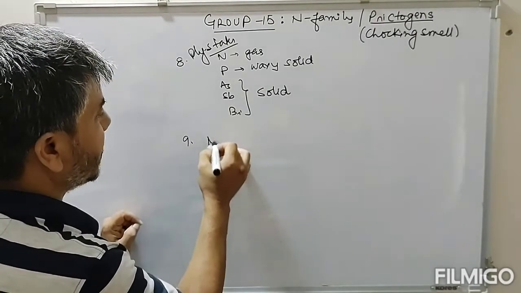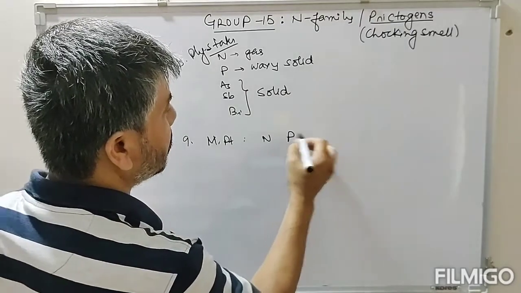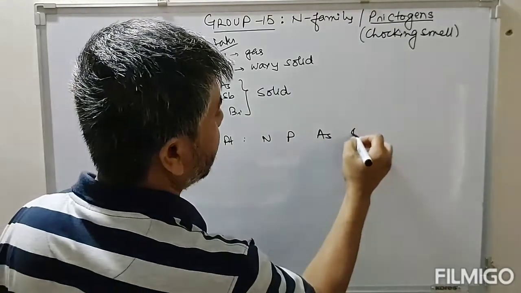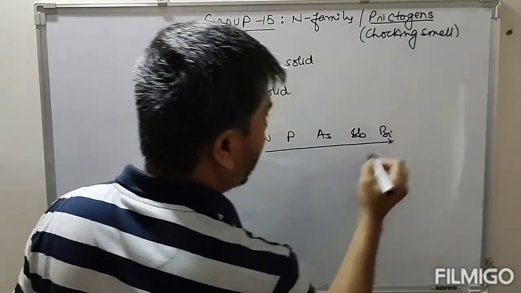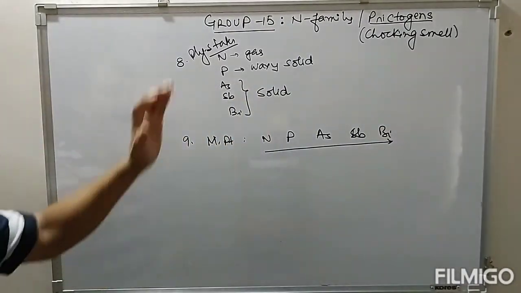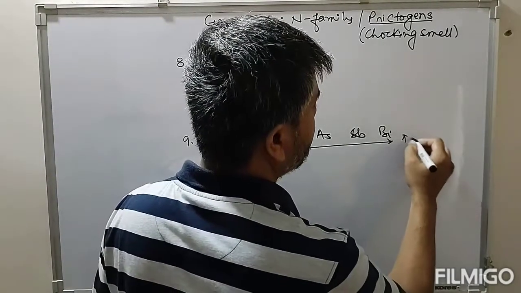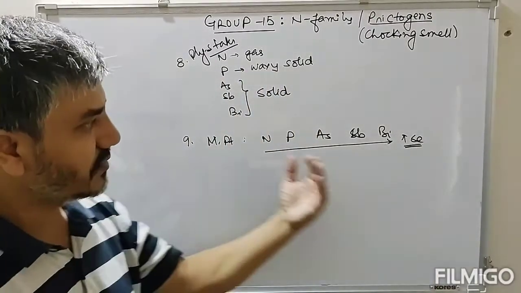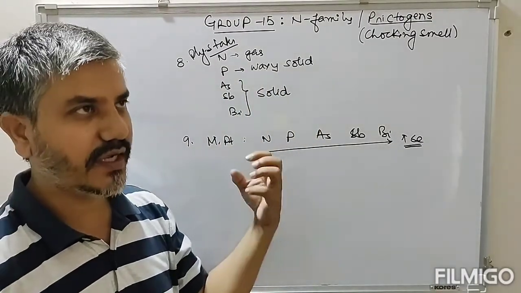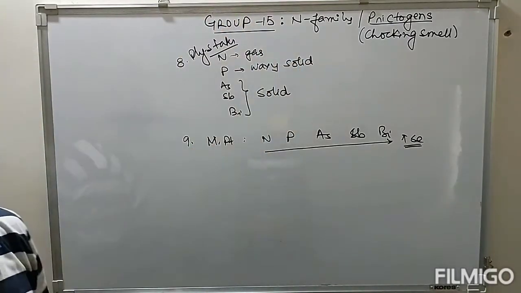When we discuss the melting point, from nitrogen to phosphorus to arsenic to antimony to bismuth, moving down the group, the hardness of the substance increases. As the hardness increases, the melting point will increase down the group. So the increase in melting point down the group is due to the stronger attractive force that exists in the solid state compared to that of the gas.